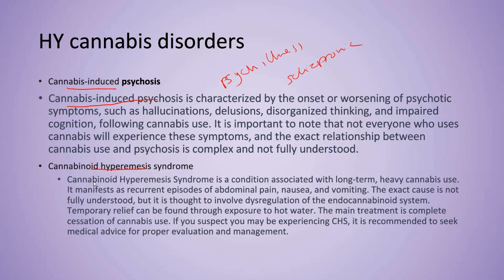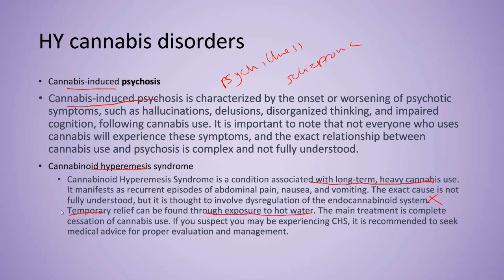Just remember cannabinoid hyperemesis syndrome. This is a condition associated with long-term heavy cannabis use. A person who's using a lot of cannabis, and has been using for a long time, can get recurrent episodes of abdominal pain, nausea, and vomiting. The exact mechanism is not very important to know. But a very distinguishing point is that temporary relief can be found through exposure to hot water.